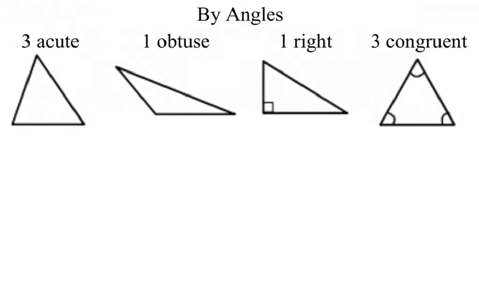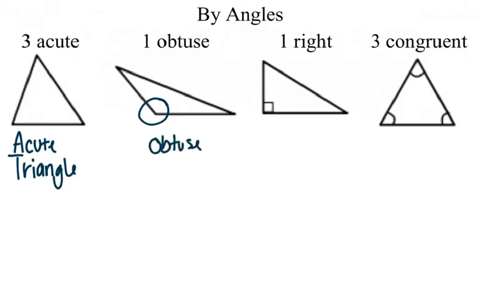If you have 3 acute angles, that's called an acute triangle. Super hard to remember, I know. If you have 1 obtuse angle, so here's your obtuse angle, which means bigger than 90 degrees, that is called an obtuse triangle.